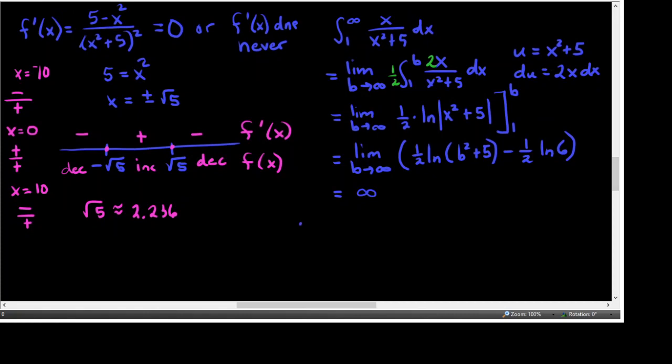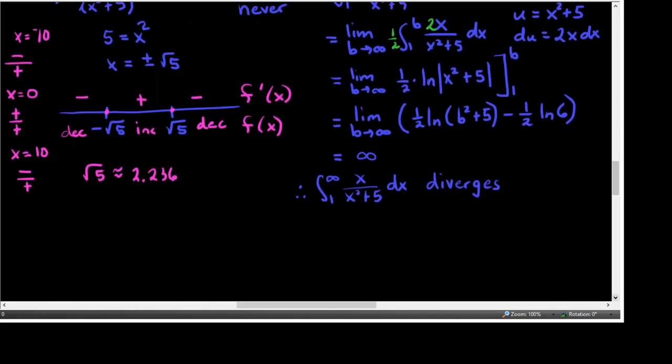So what we've shown is that the improper integral of x over x squared plus 5 dx diverges. But make sure that you say this statement, and then you've got to go on and actually answer the question that was posed.